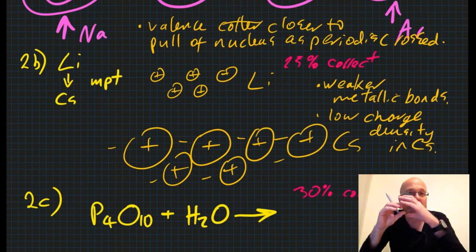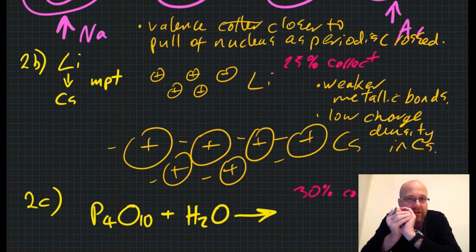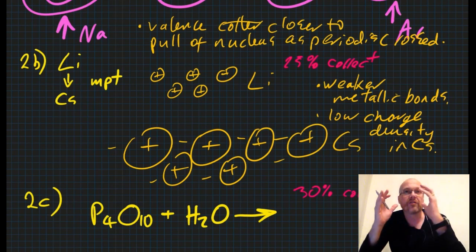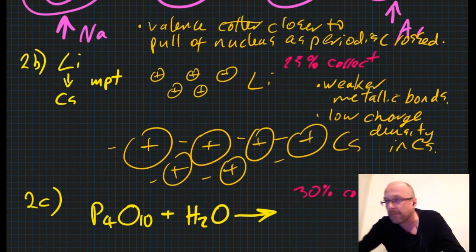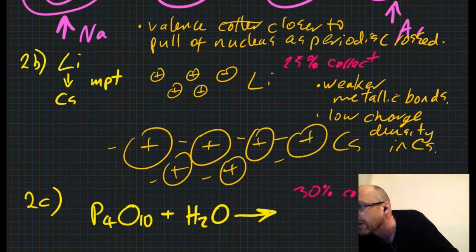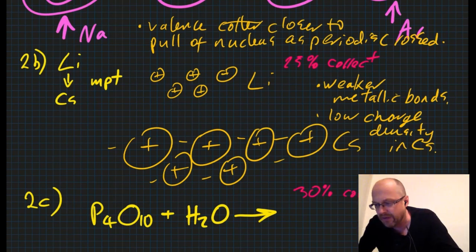Well, the lithium ion's more attractive because that +1 charge is concentrated on a small surface area. Or you could argue volume, either is acceptable. Cesium's less attractive because that +1 ion is spread out over this enormous surface area. So it doesn't have much electrostatic attraction. Is that right? 2b, smaller charge density, force of attraction between the ion and delocalized electrons decrease. Yeah, I think we got there.